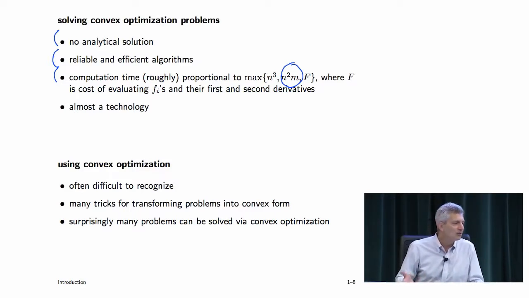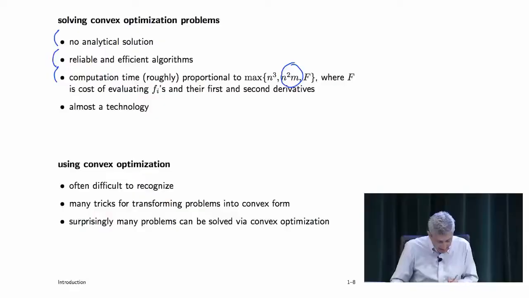In general, for example, for linear programming, it would degenerate to the numbers I gave, and same for least squares. It's related to the number of variables, that's n cubed, the number of constraints is m, and capital F is the cost of evaluating all the functions and their first and second derivatives, something like that. Okay.